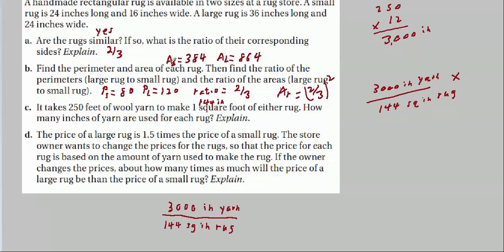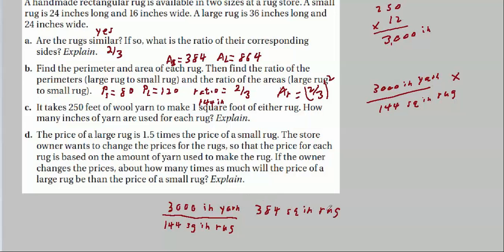Up here I wrote the areas that we computed earlier. Area of the small rug, area of the large rug. How many inches of yarn for each rug? Well, let's start with the small rug. 384 square inches of rug.